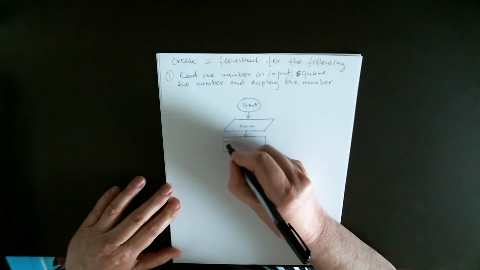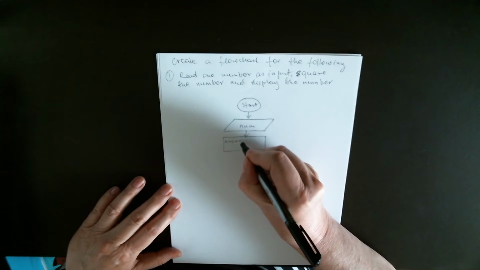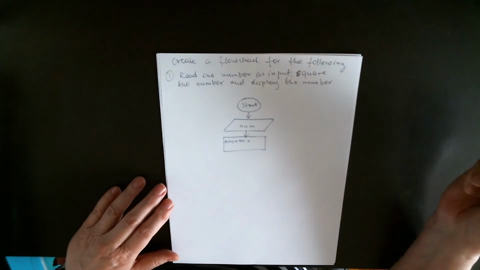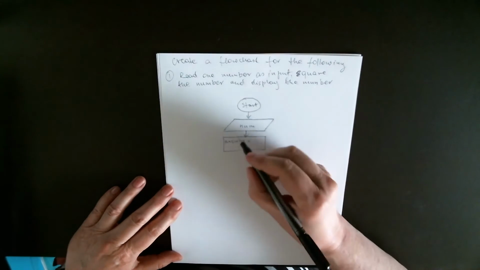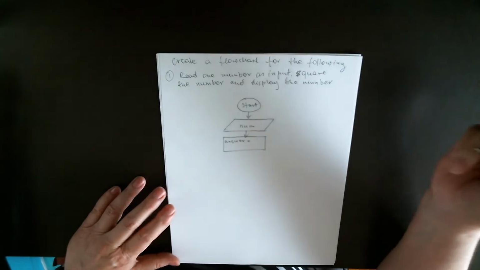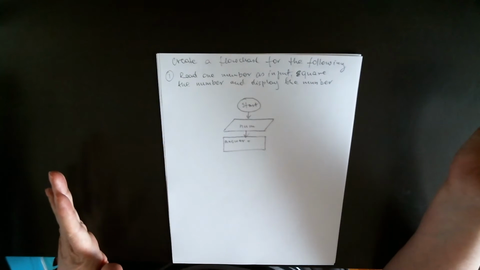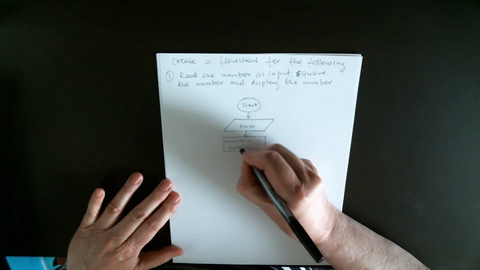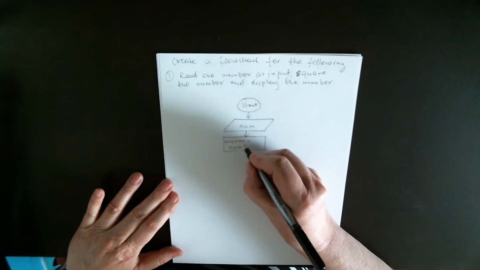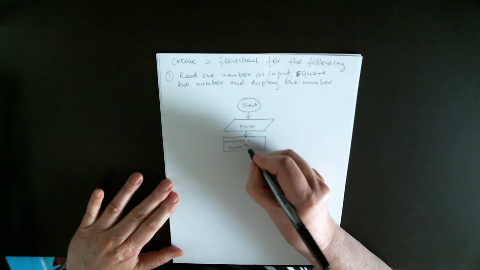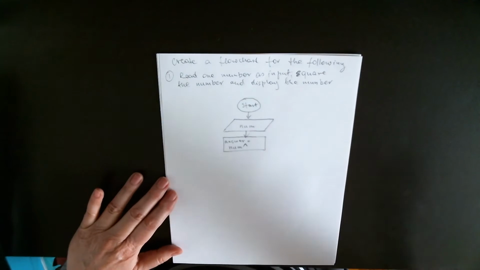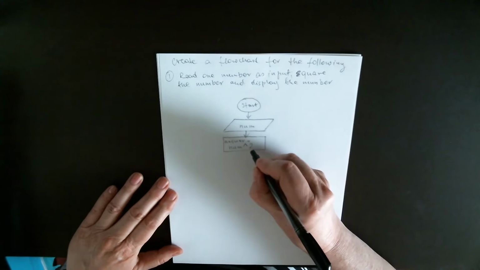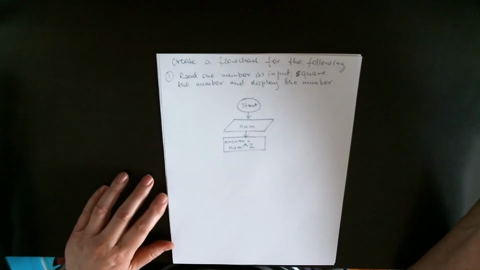So we write answer equals to number squared. So how are we going to do it? We can write it down number times number, or we could put num and then circumflex. Yeah, that looks like a little hat. And then we are going to put number 2 because it's squared.